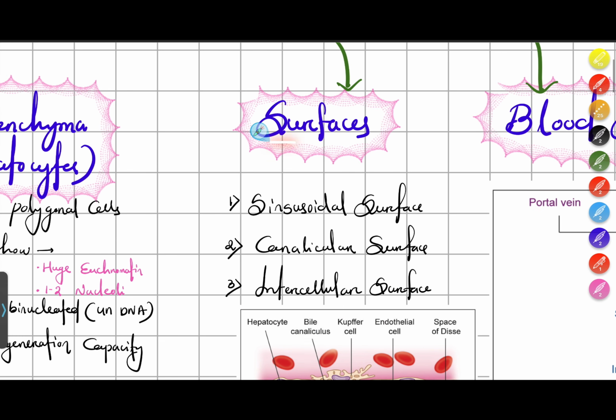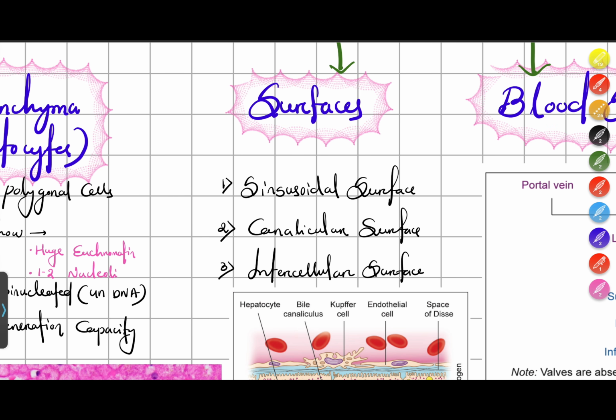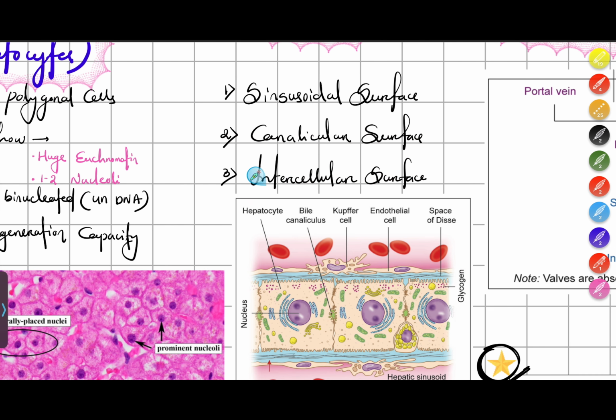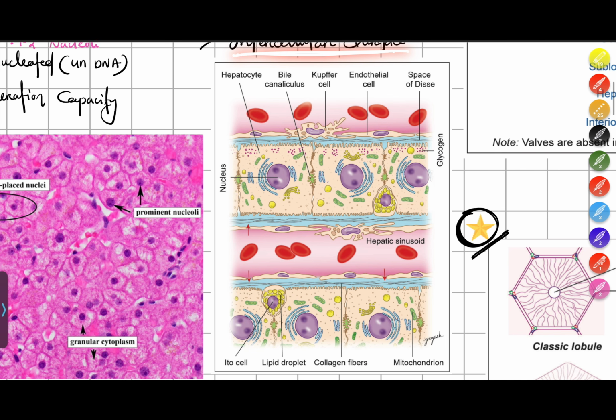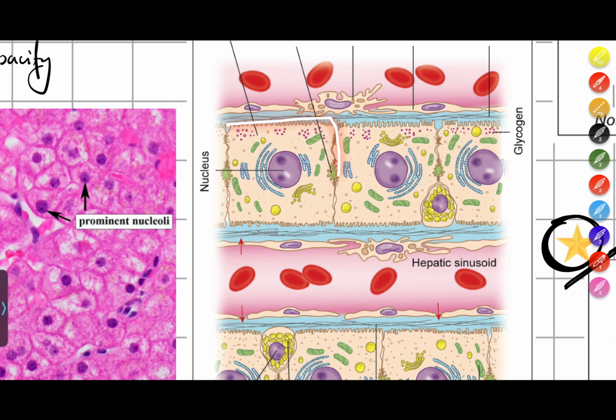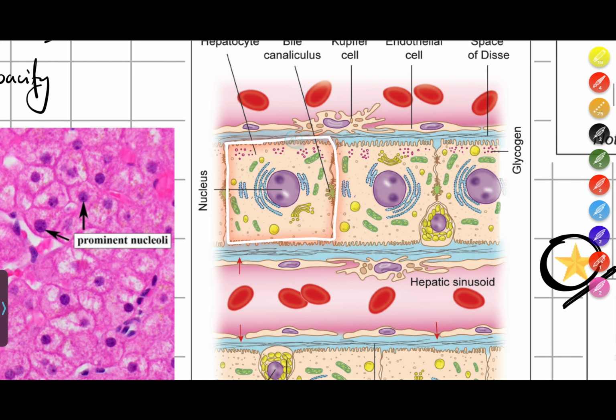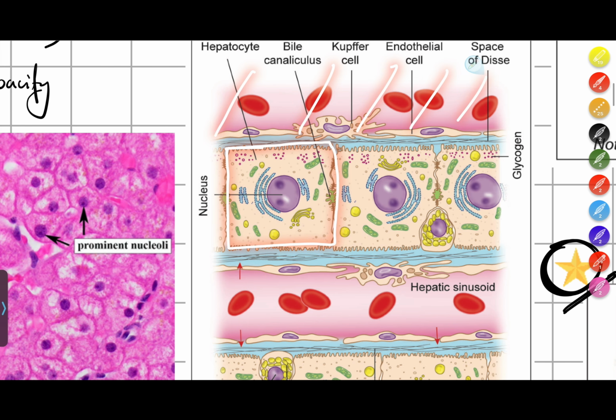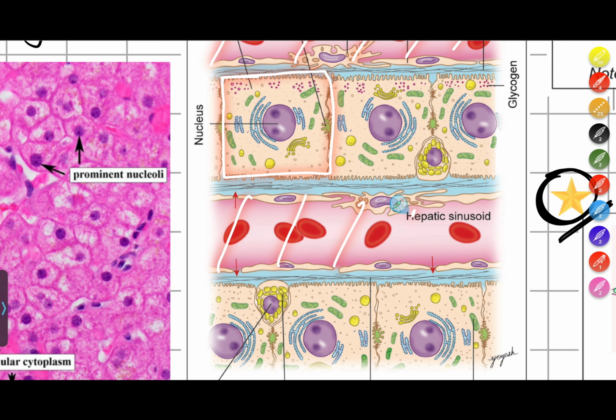Next is surfaces. The hepatocyte consists of three types of surface. One is the sinusoidal surface, another is canalicular surface, and intercellular surface. Now this is a hepatocyte, and this is the sinusoid, the hepatic sinusoid.